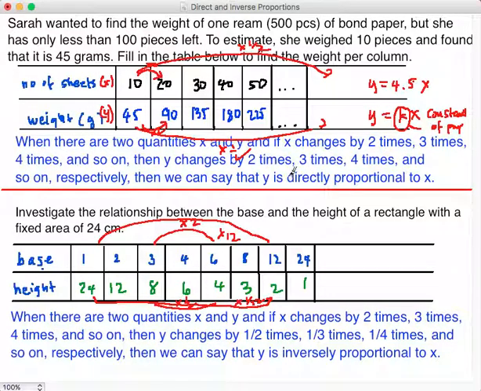So ito directly proportional, ito inversely proportional. No? So ano naman ang equation dito? If we let this x and we let this y, so ang constant of proportion natin ay xy equals 24.